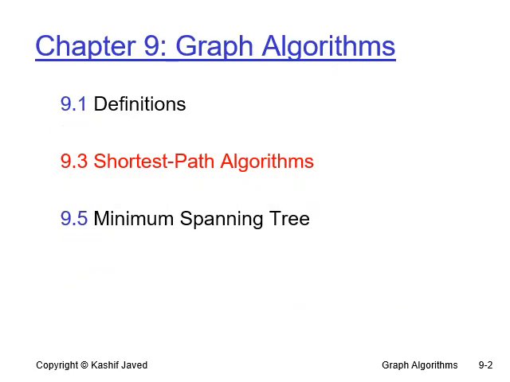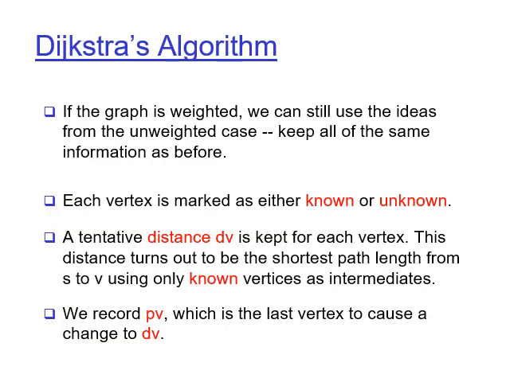This is article 9.3 of our book, Shortest Path Algorithms. If the graph is weighted, we can still use the ideas from the unweighted case. Keep all of the same information as above. So if you recall from our previous lecture, we maintained 3 attributes for each vertex.